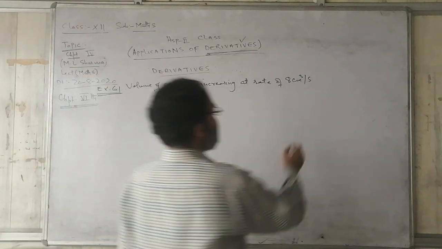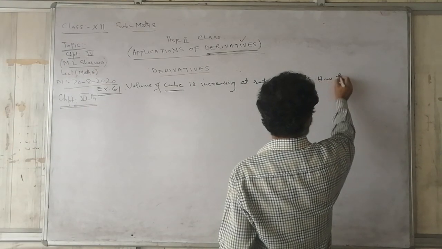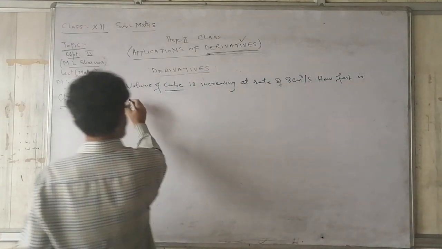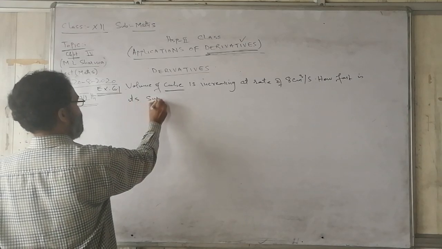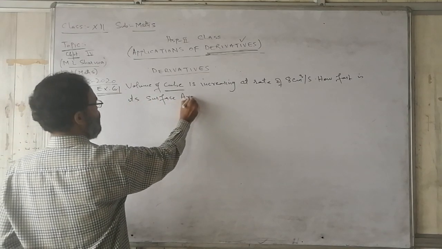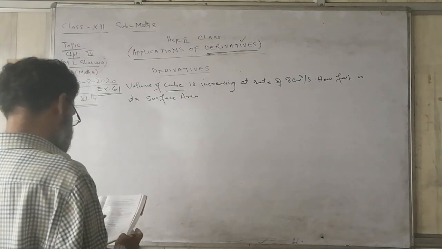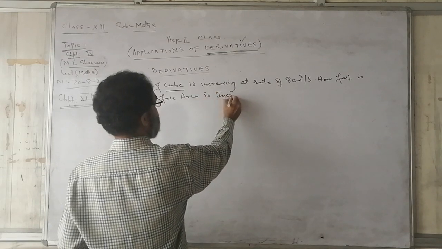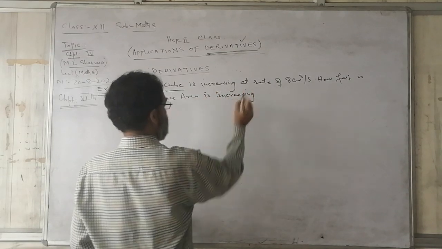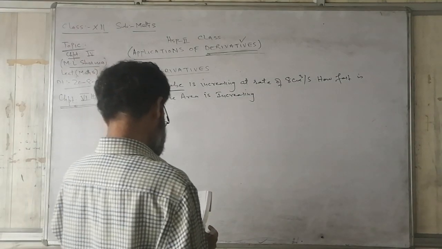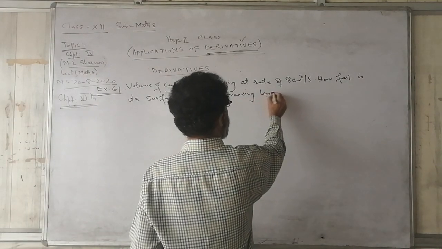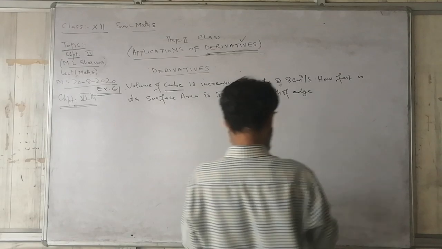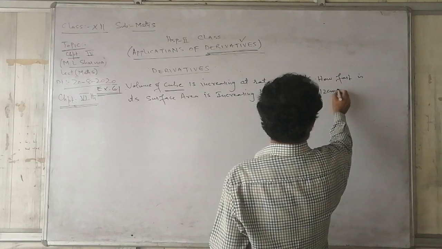So we have to find how fast is its surface area increasing, when the length of edge of the cube is given as 12 centimeters.